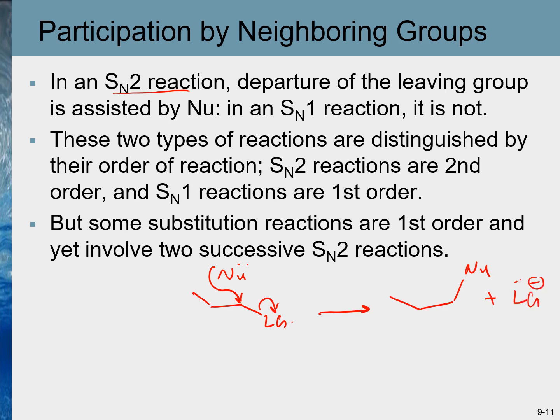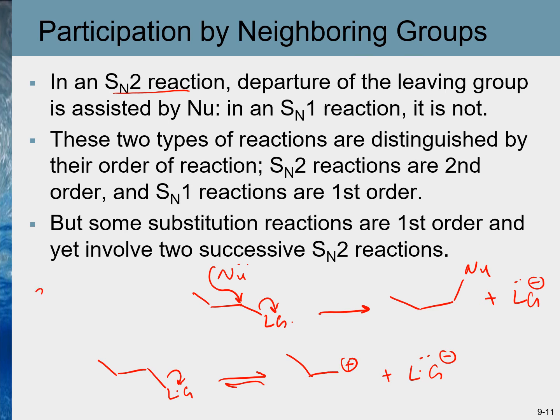However, in case of SN1, no such assistance is needed. Leaving group leaves by itself without any help from the nucleophile. These two types of reaction can be distinguished by the order of the reaction.